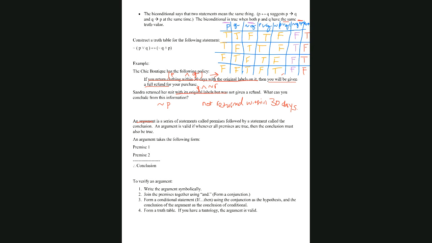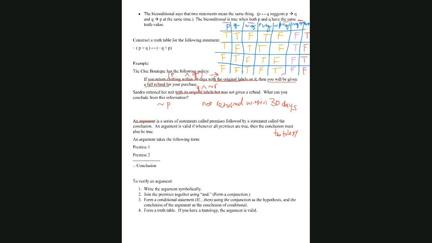So if you have a truth table, that's when you have a tautology, and that's a truth table that always is true. Every last column is T. Okay? So arguments take the following form. You have premise 1, premise 2, and the conclusion. So this is an argument that we had up here.